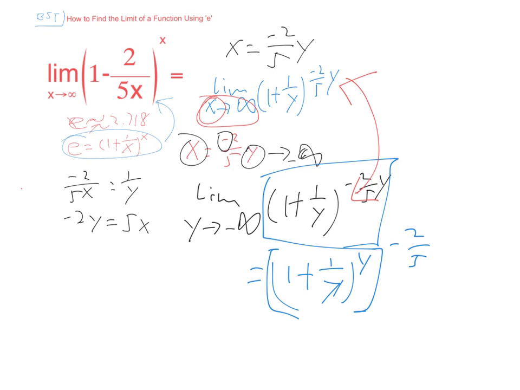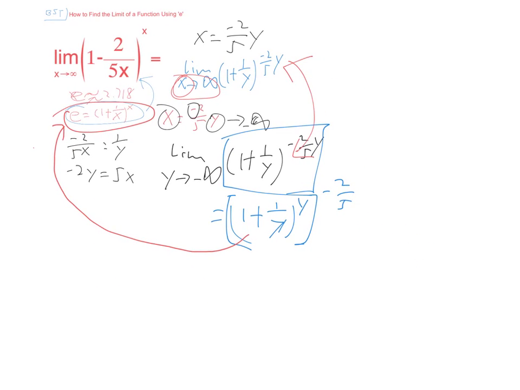You see, here is in some way identical to this formula right here. And we can actually replace that with e. So what I'm going to do here is to rewrite this as e to the negative 2 over 5. And that is the final answer for this question.